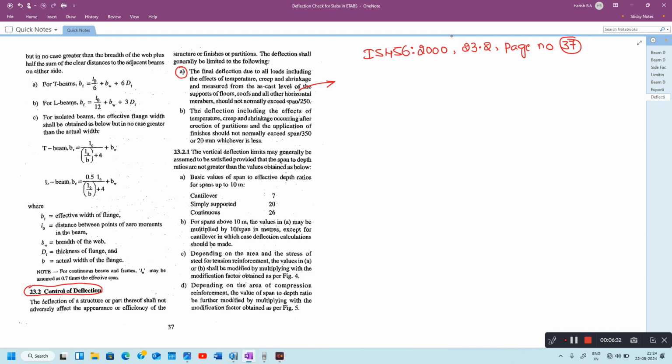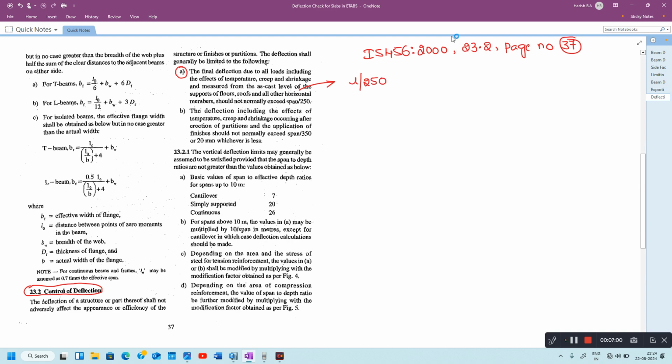So this criterion will be used. The deflection is measured from the as-cast level of the supports, which is the level of the supports when the structure was initially constructed. So the criterion is span by 250.